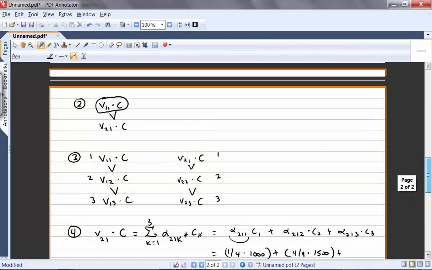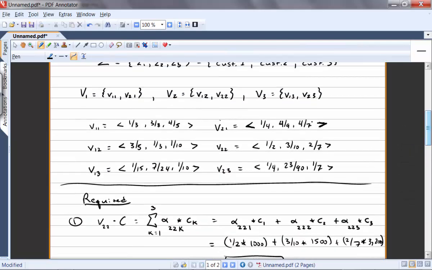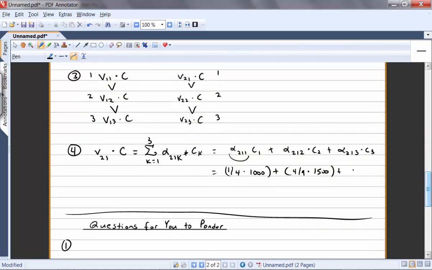And then finally, 4/7 of the total mixed costs are assigned to customer 1 if we use weighting scheme 2, and the total mixed costs were 3,200. So if we calculate all this, and I have to go and calculate it real quickly, you end up getting $2,745.24.